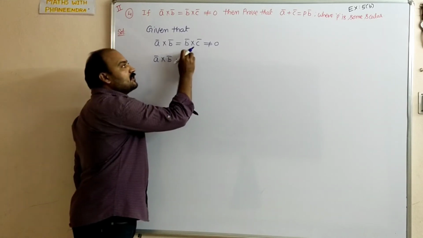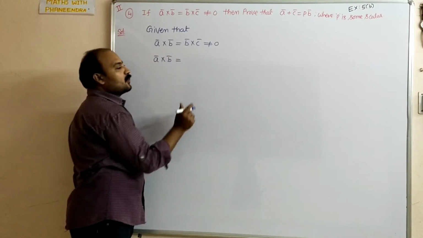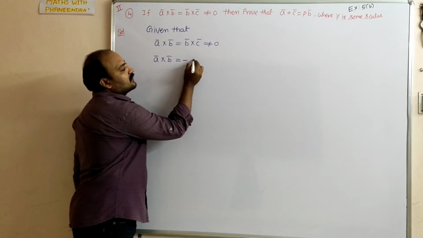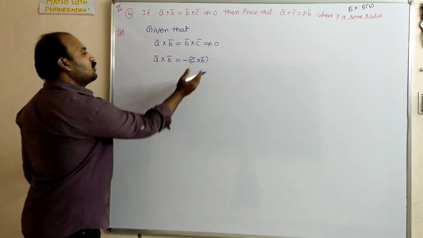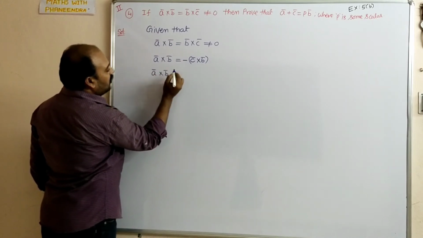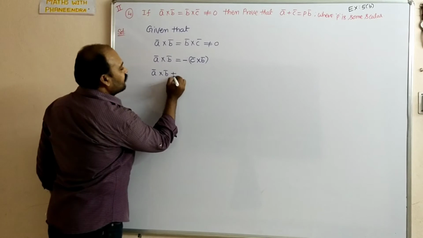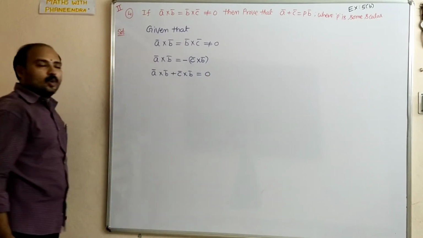If we interchange these two vectors, what is happening? The sign of this cross product will be changed. So minus c bar cross b bar. That we can take to the other side. So a bar cross b bar plus c bar cross b bar is equal to 0.